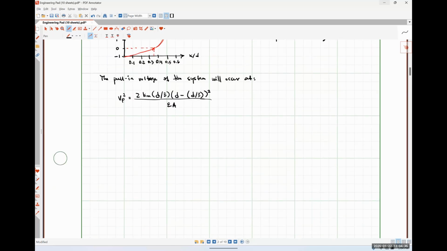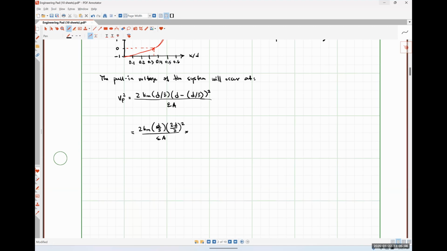We could pretty this up a little bit by simplifying some things. So twice Km d over 3. D minus d over 3 is just 2 d over 3. I'm going to square that guy over epsilon A. And so let's move some things around here really quick, right? So I have a d and then multiplied by 2d squared.